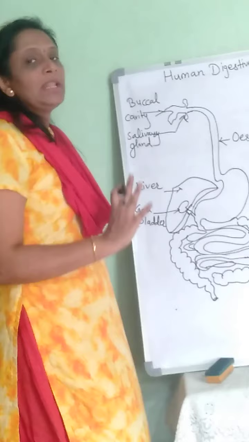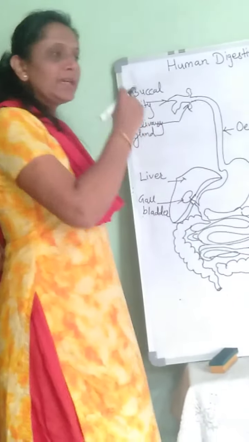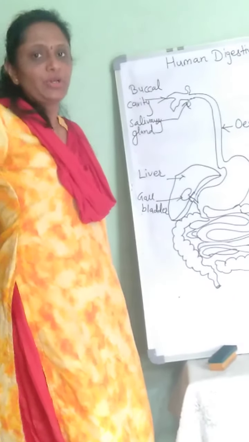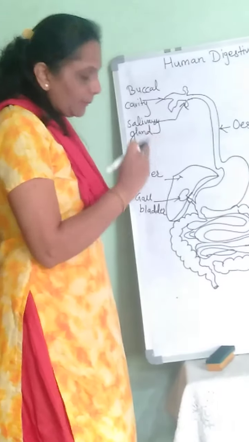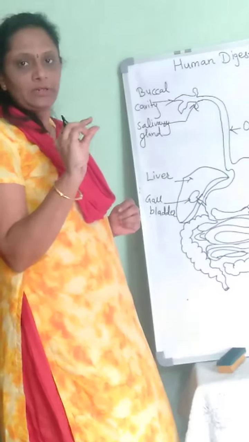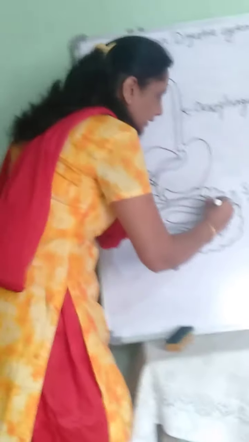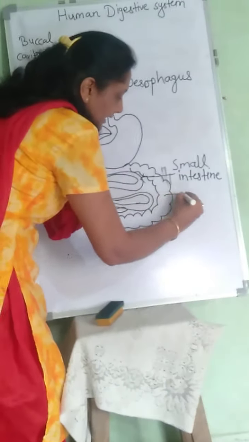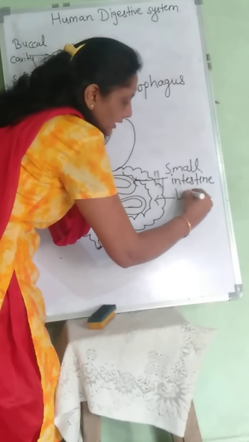So this is the large intestine. The small intestine is very long, but it is coiled and kept in a very small area and has a very small diameter, so it is called the small intestine. So this is the small intestine and this is the large intestine.